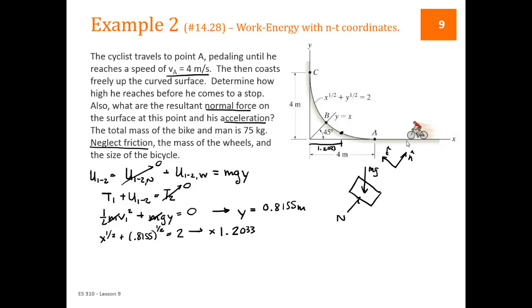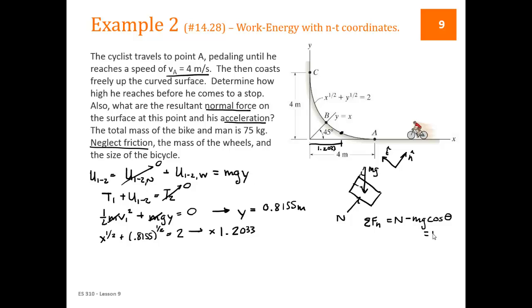So, looking at our free body diagram here, we can write our force equations. In the normal direction, what do we got? We've got the normal force, that's positive, minus mg times cosine of theta, right? Because that's theta, so the n part is adjacent to the theta.